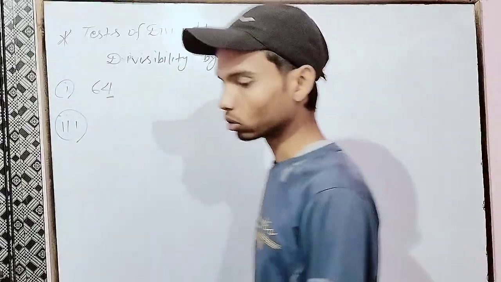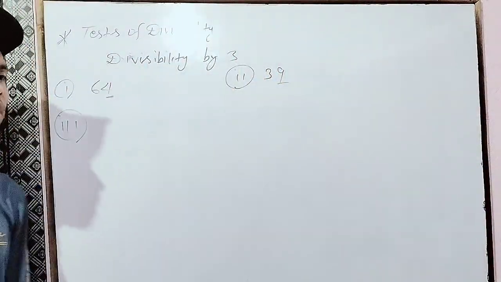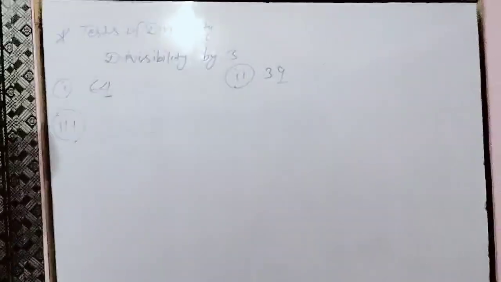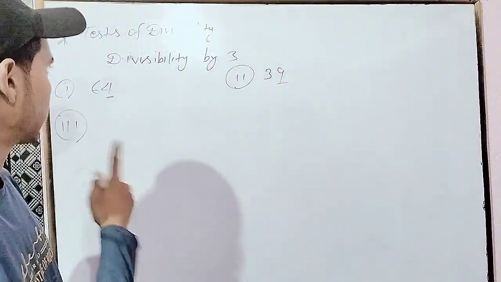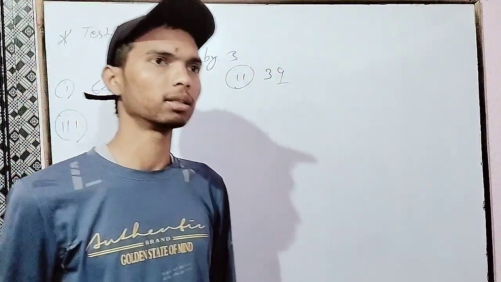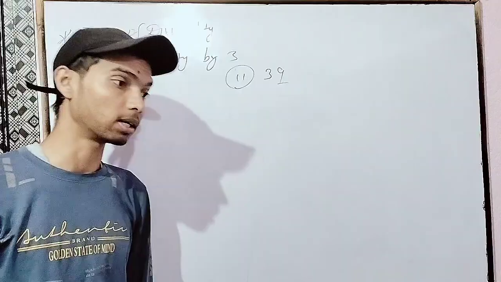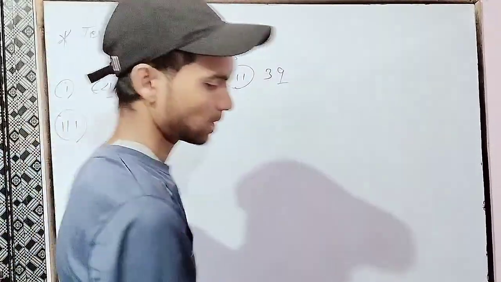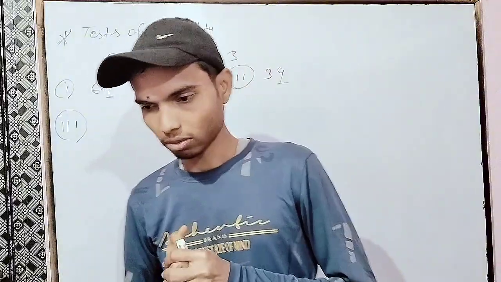Now, can you tell whether the whole number 64 is divisible by 3? You will use the division method. But without using the division method, it can be told whether a given number is divisible by 3 or not. This is 64.